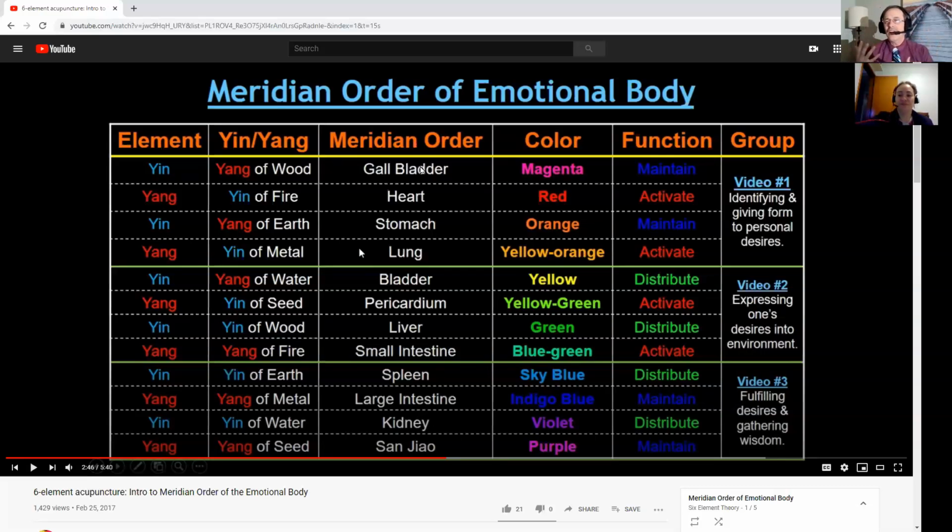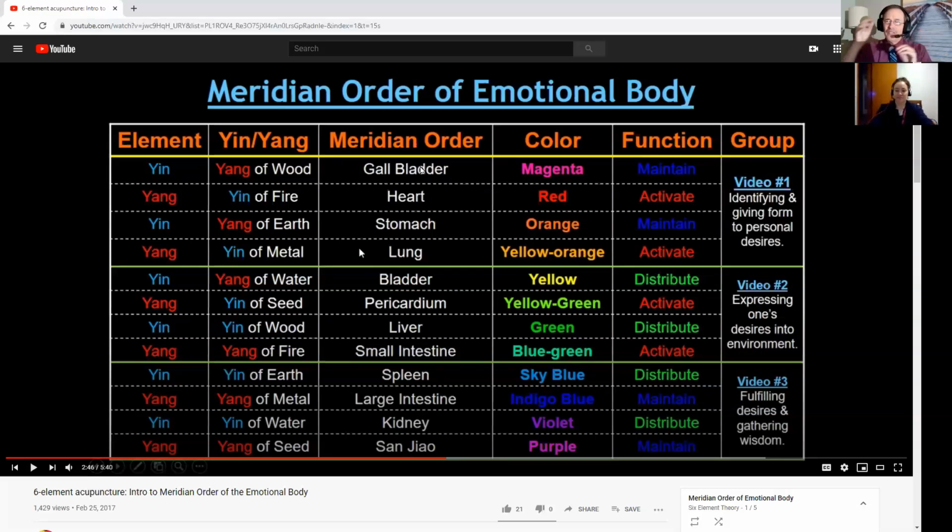It's easy to see heart as emotional expression. I desire something. But then the lung is like, who are you? You have to live the emotion of who you are. And so the lung is more sophisticated than the heart.